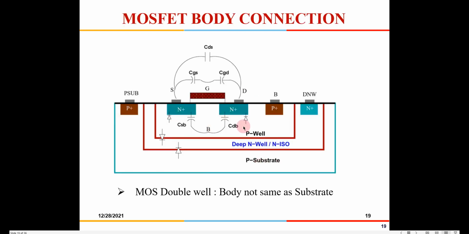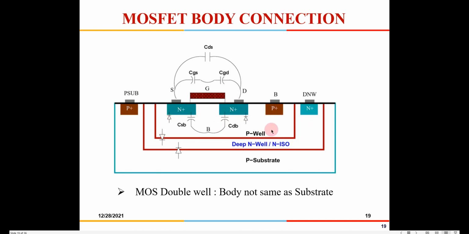Let me just tell you, there are certain advanced circuits in which the body is not connected to VDD. In fact, we use the body connection to modulate the VTH and all. But in those cases, if it is an NMOS, the NMOS is not directly fabricated onto the P substrate. You make a separate N well, and then inside that N well you make one more P well.